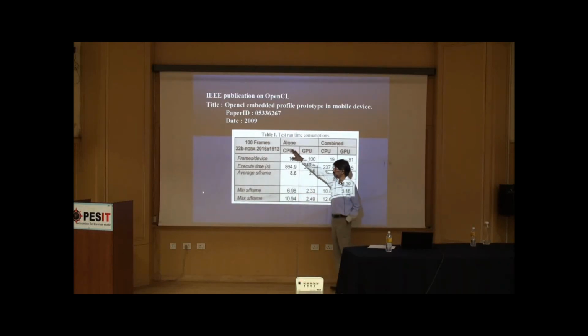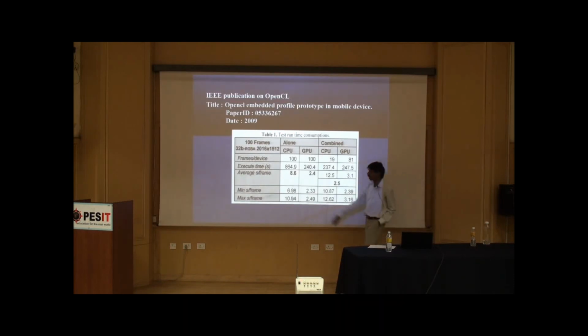If you are processing with one CPU or one GPU alone, it takes frames per device. Say the CPU is processing 100 frames, the execution time is around 846, that's on average around 8.5 seconds per frame.